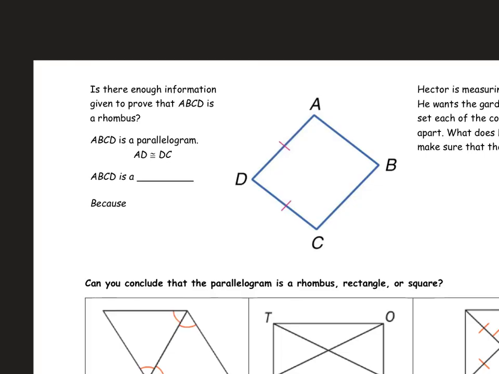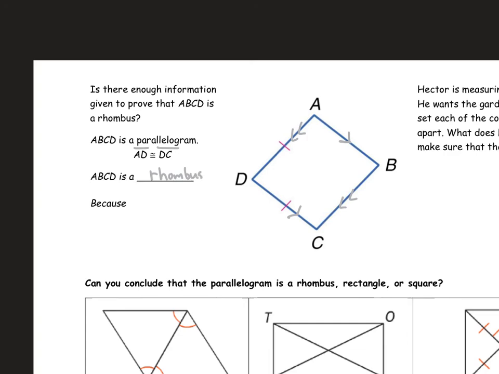Here's our example. It says, is there enough information given to prove that ABCD is a rhombus? I know that ABCD is a parallelogram, so we put in our chunky arrowheads. They're telling us that segment AD is congruent to segment DC. So ABCD is indeed a rhombus.